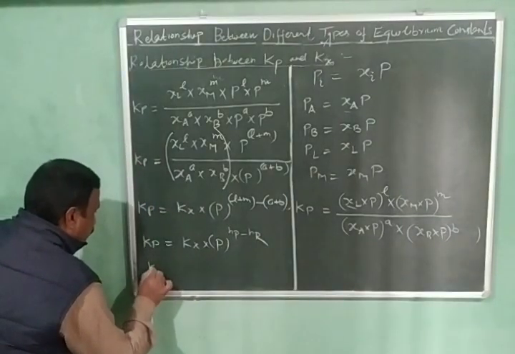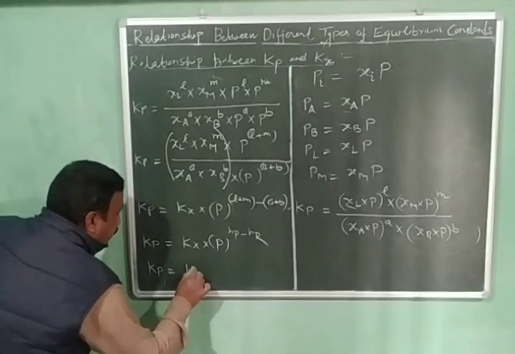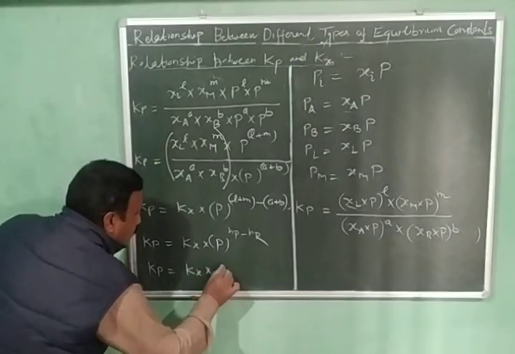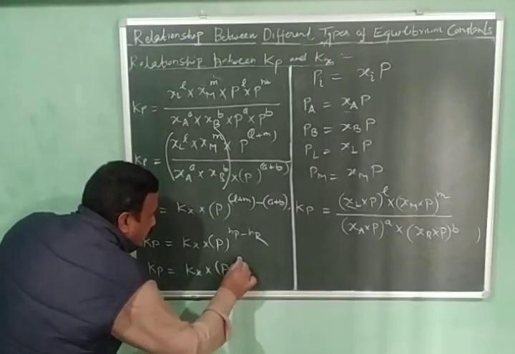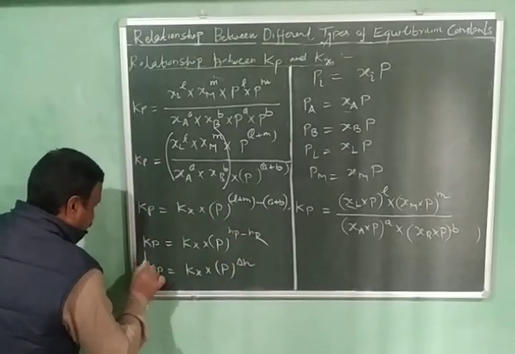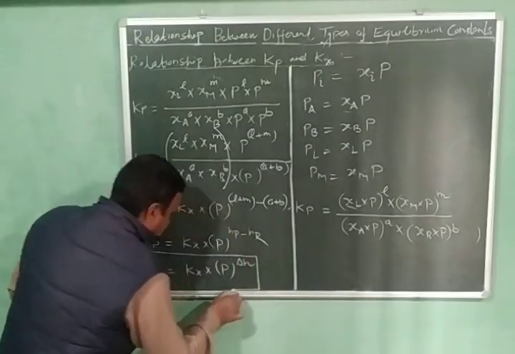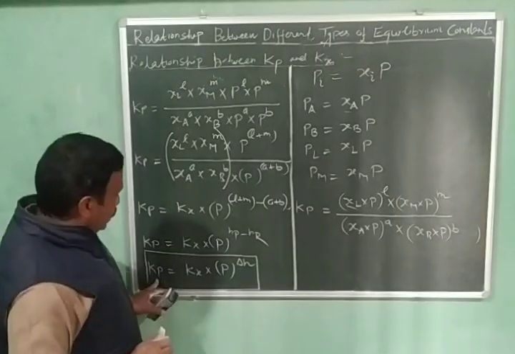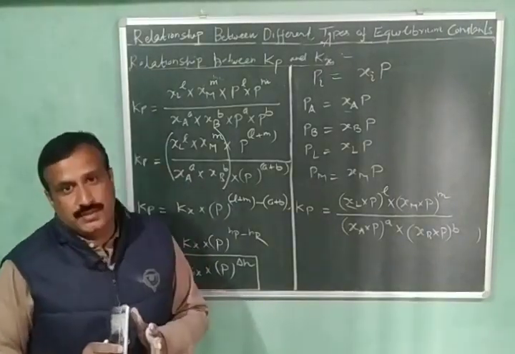So Kp is equal to Kx into P raised to power delta N. This is the required relationship between Kp and Kx.